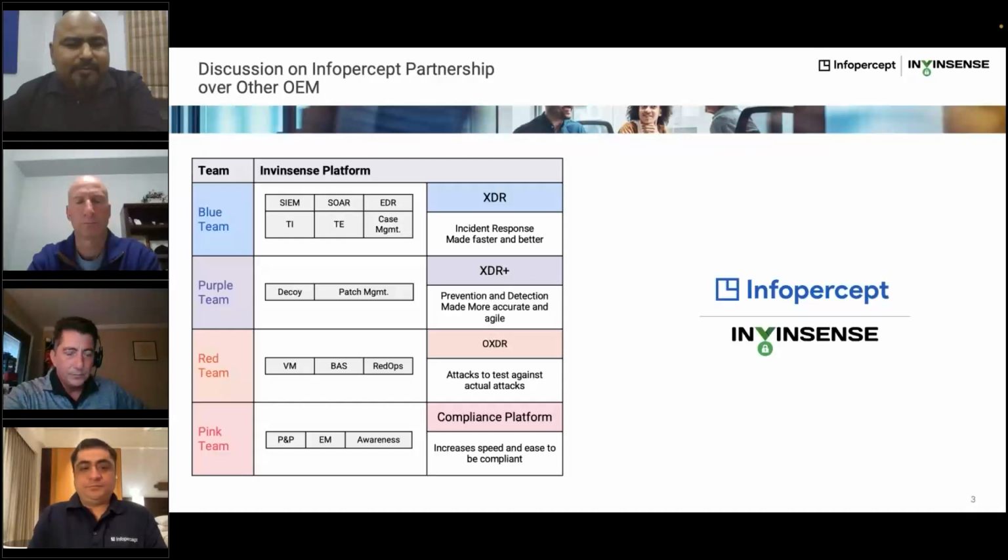The third example is OXDR provided by Red Team, which focuses on vulnerability management, penetration testing, red teaming types of exercises, which looks at doing pro forma types of attacks and testing of environments to test against scenarios that would represent actual live types of attacks that will take place.